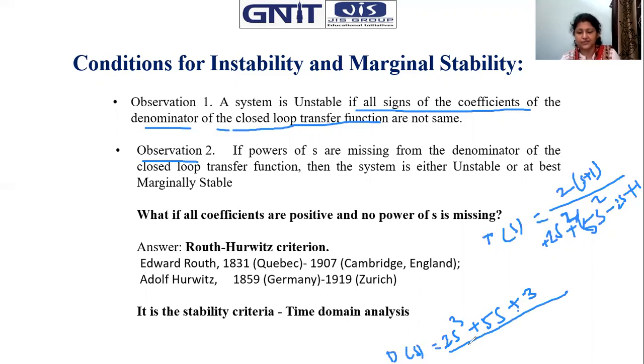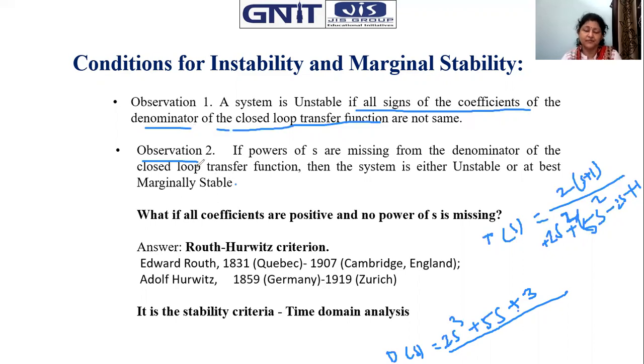We can represent it as 2s cube plus 5s plus 3. That means here the power s squared is missing, right? So if powers of s are missing from the denominator of the closed loop transfer function, then the system is either unstable or it may be marginally stable. Frequently it is unstable; that is for the case of marginal stability. Okay, these are the two observations.